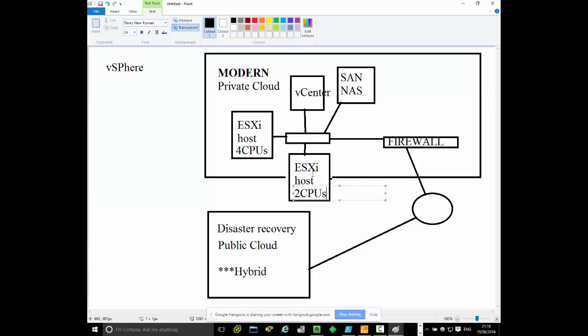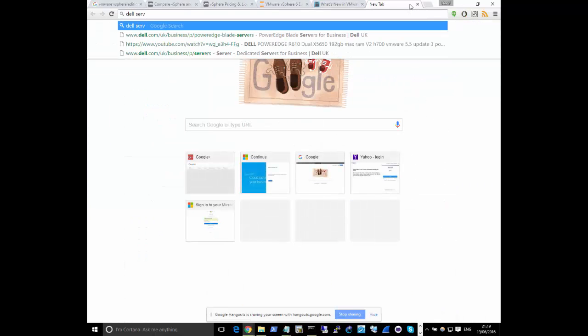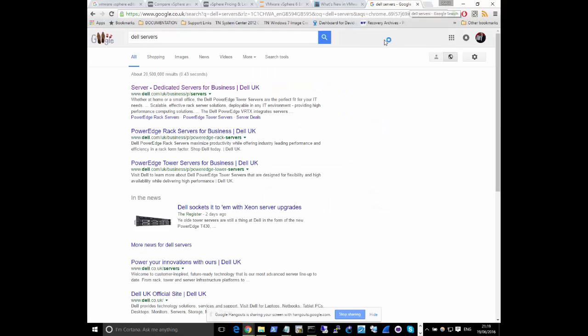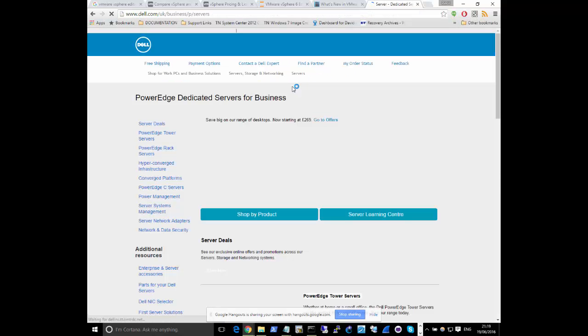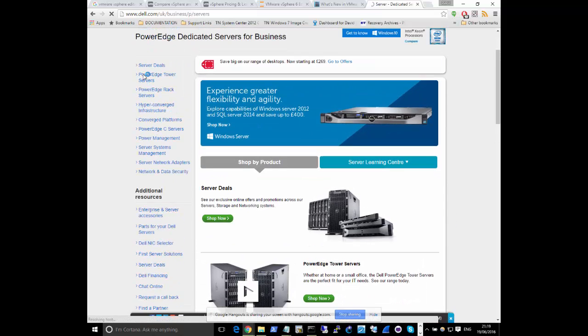Again, not CPU cores, just CPUs. So again, you go to Dell servers, look for the spec on one of the Dell servers, anything. Let's pick any one.